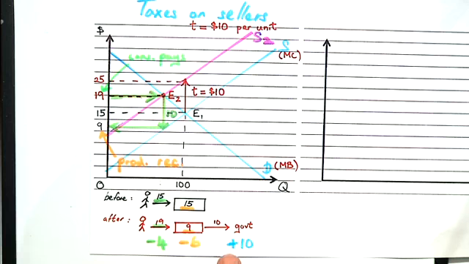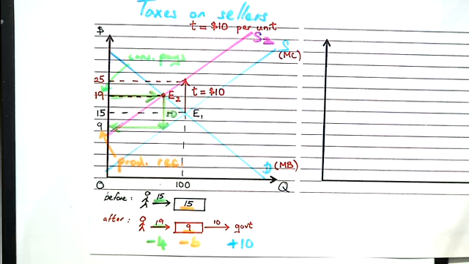So in the end, the tax is actually shared, shifted some of it to the consumer. Just so you can conclude, even though it's imposed on the producer, the actual burden is on both.